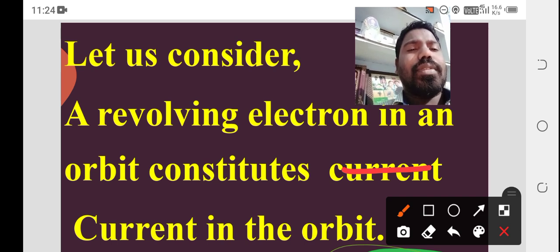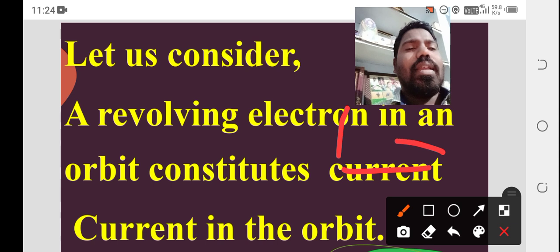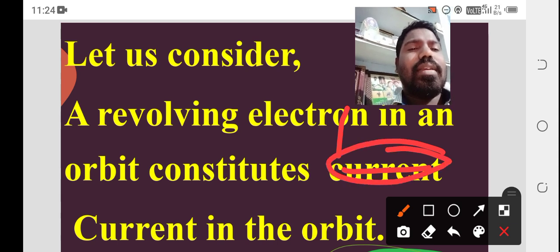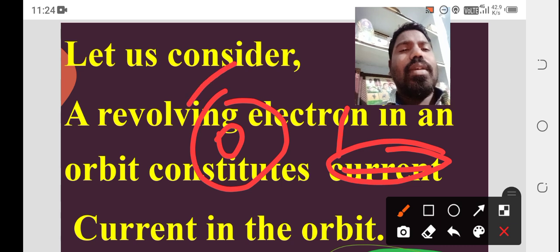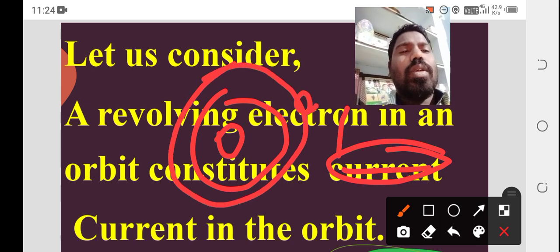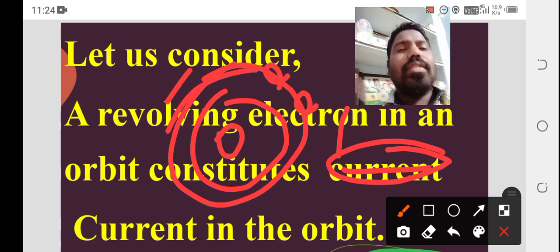It constitutes electric current. This is electric current in the orbit. So this is the orbit, and in this orbit, whatever electron is there, that electron is revolving.